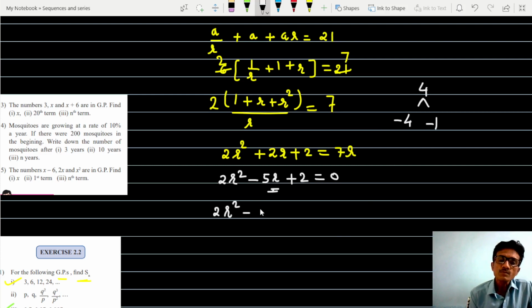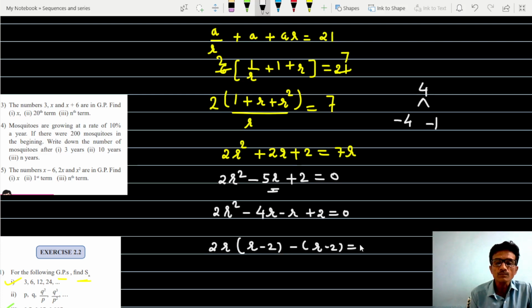So it is minus 4r minus r plus 2 is equal to 0. The factors of this quadratic equation will be 2r, here r minus 2, and minus sign common, r minus 2 is equal to 0. That means r minus 2 into 2r minus 1.